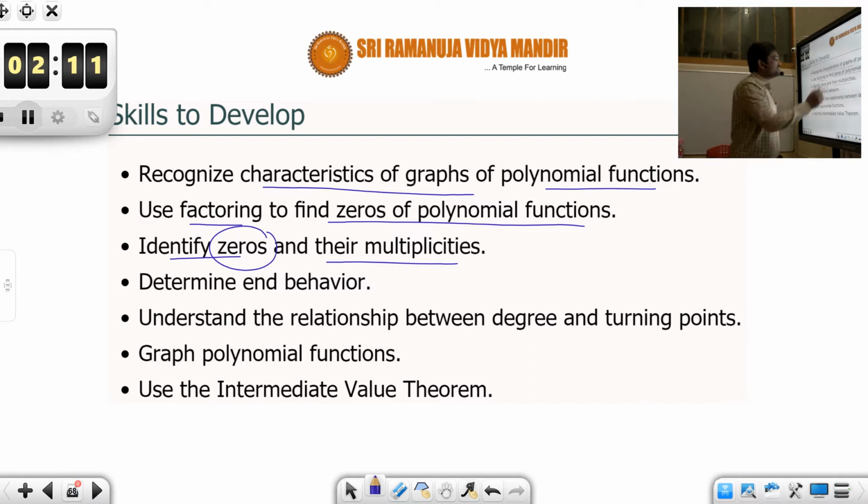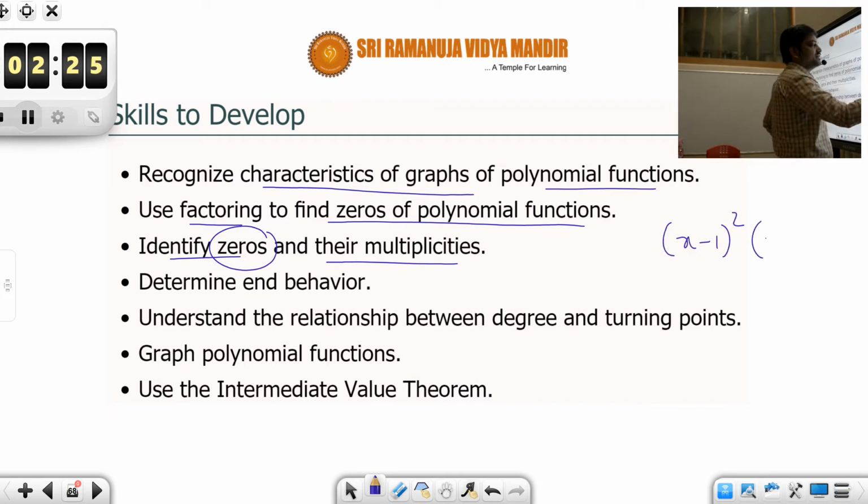Now what do we mean by multiplicities? Multiplicity means a repetition factor. So for example, say x minus 1 whole square into x minus 3.